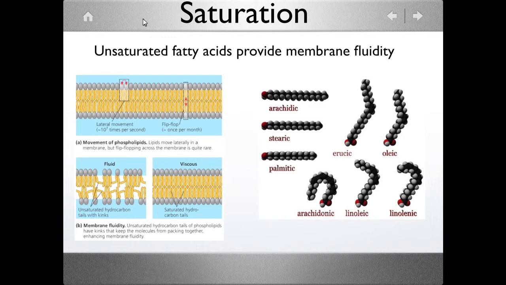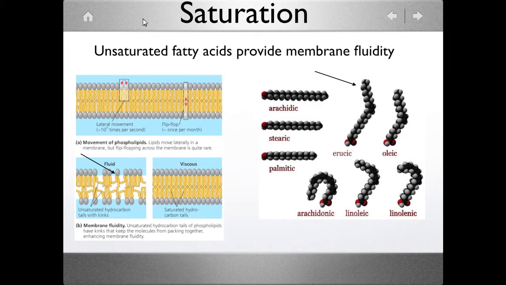One thing they say is, oh, you are what you eat. Well, one thing that's important to emphasize is that the level of saturation of a fat will in fact impact things like membrane fluidity. So this is an unsaturated fatty acid here, and if you look at the membrane, you notice that the unsaturated hydrocarbon tails of phospholipids have kinks that keep molecules from packing together.